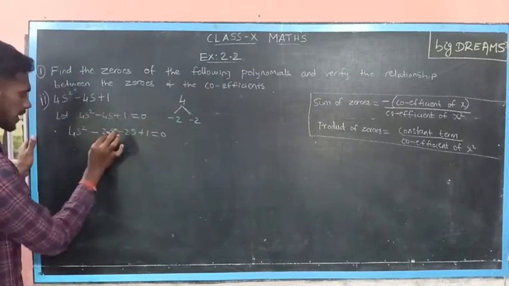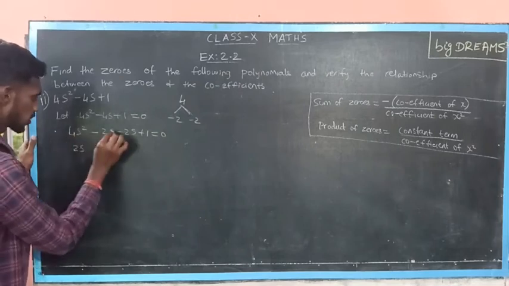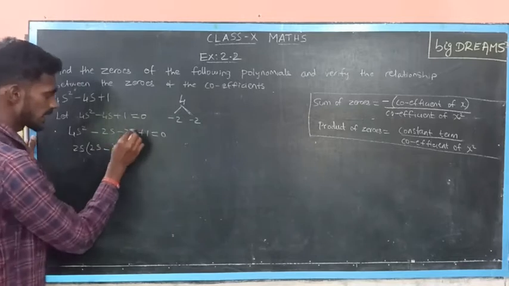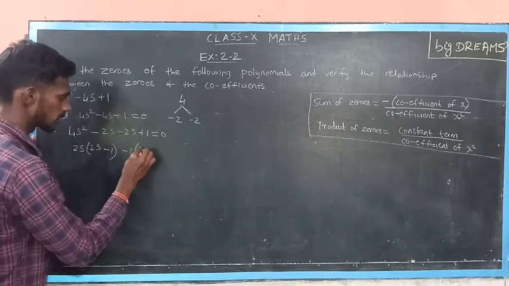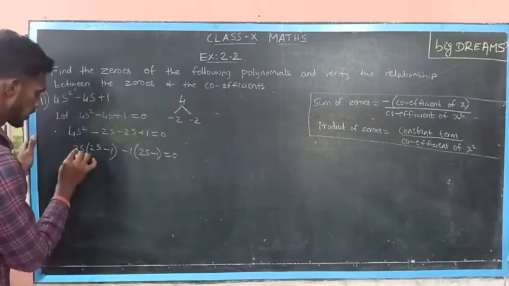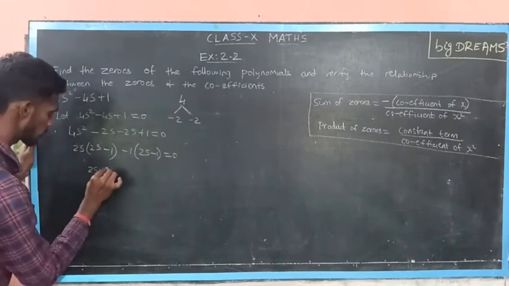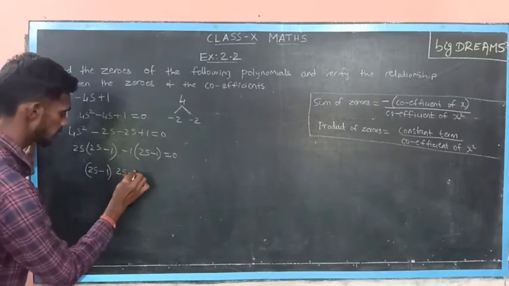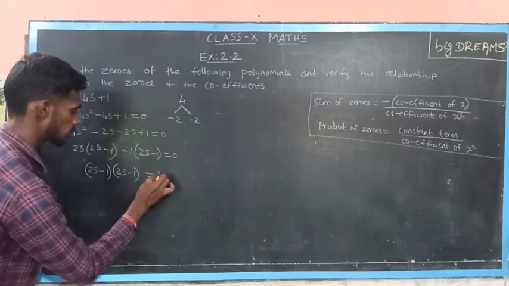By taking 2s as common from these two terms, I will get 2s minus 1, and here I am taking minus 1 as common, 2s minus 1 is equal to 0. Writing this term 2s minus 1 and then the common term 2s minus 1 is equal to 0.